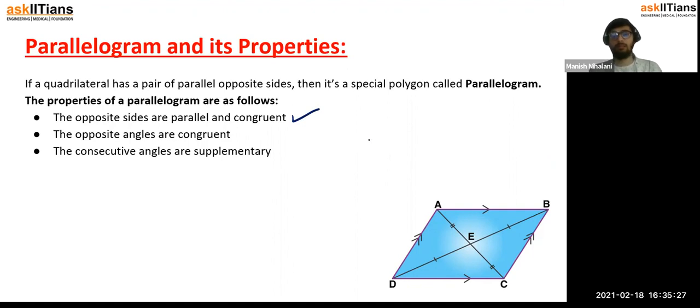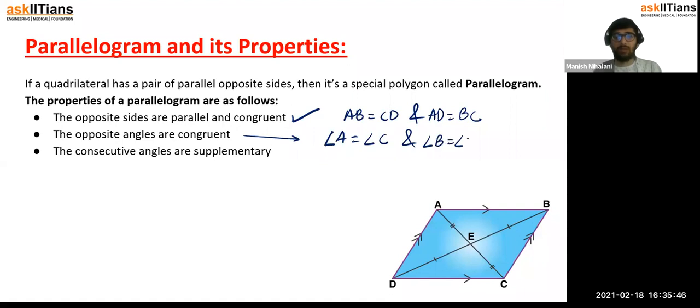The opposite sides are parallel and equal as well, which means AB is equal to CD and AD is equal to BC. Opposite angles are also equal in measure: angle A is equal to angle C and angle B is equal to angle D, right?